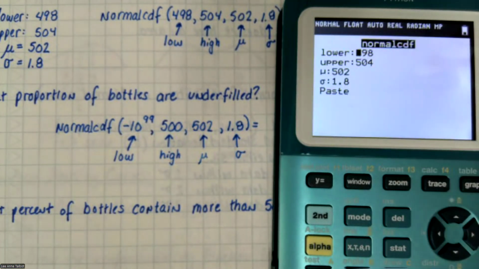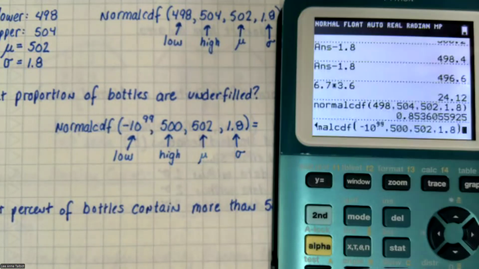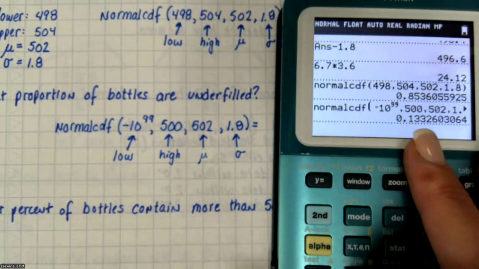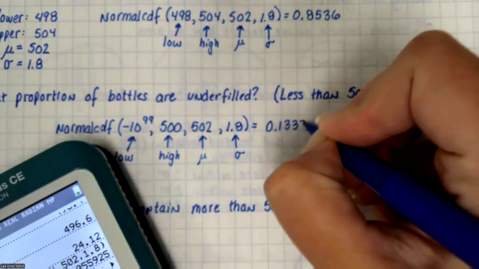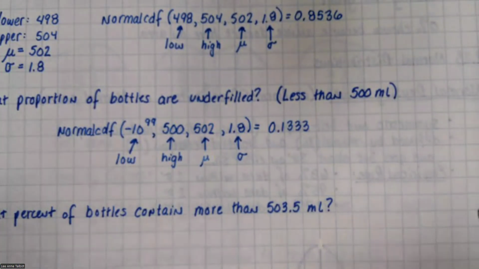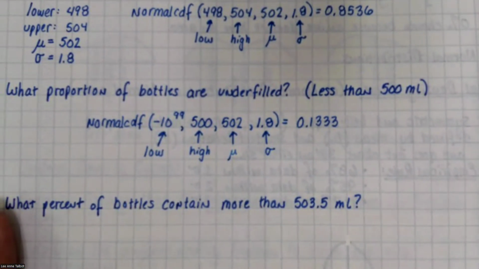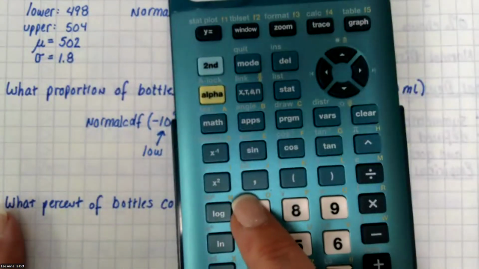Normal CDF, negative 10 to the 99th power, 500, and then it lovely leaves the mean and standard deviation in there for us lazy people. 0.1333. Yep. With a comma. So the comma is right above the 7.